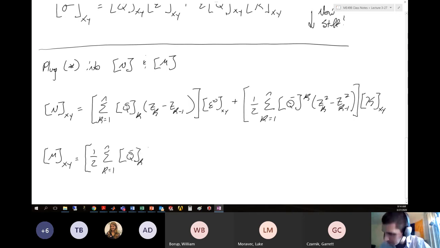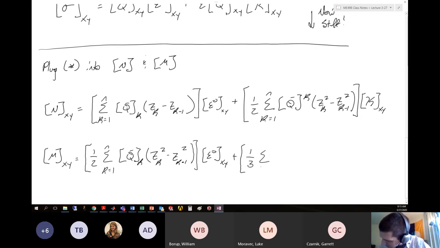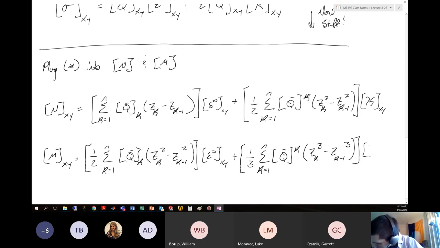Q bar k times z k squared minus z k minus 1 squared multiplied by the midplane strains xy plus, here now we have a 1/3 coming out of our integration. Summation from k equals 1 to n of our stiffness matrix Q bar of layer k multiplied by z k cubed minus z k minus 1 cubed, times the curvatures that develop, kappa xy.